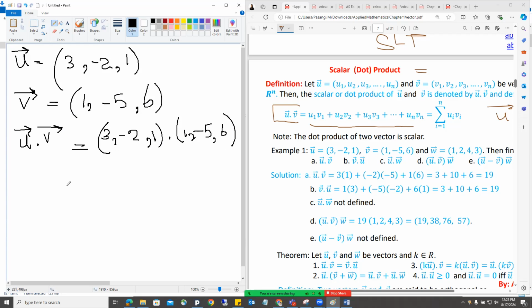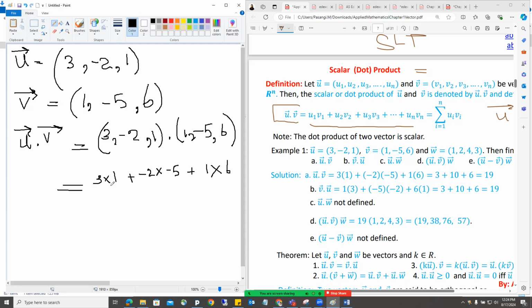This means the answer is 3 times 1, plus minus 2 into minus 5, plus 1 into 6.